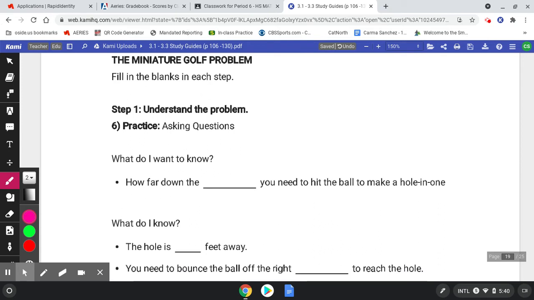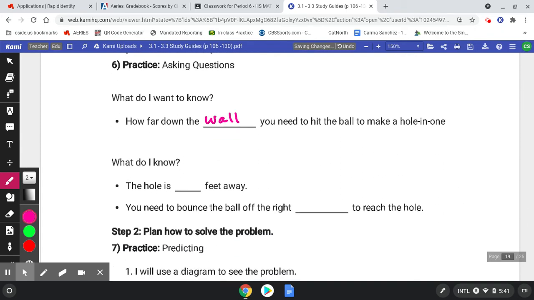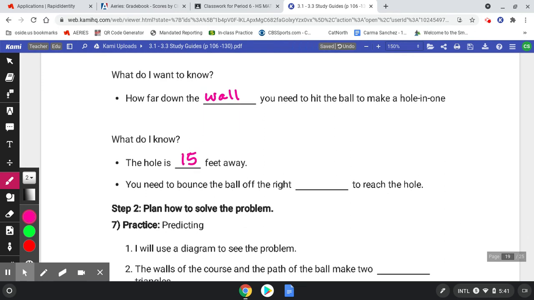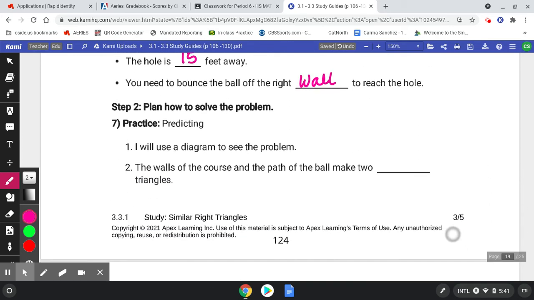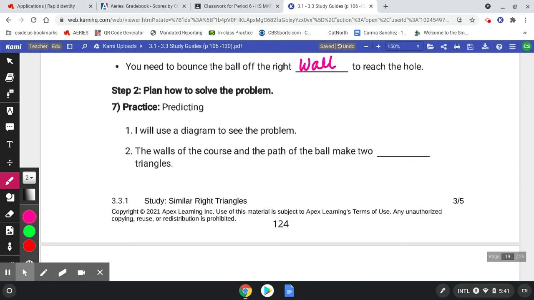Okay, let's talk about this little miniature golf problem. What do I want to know? How far down the wall do you need to hit the ball in order to make a hole in one? So if the hole is 15 feet away and you bounce the ball off of the right wall to reach the hole, we're going to talk now about using a diagram to see the problem.